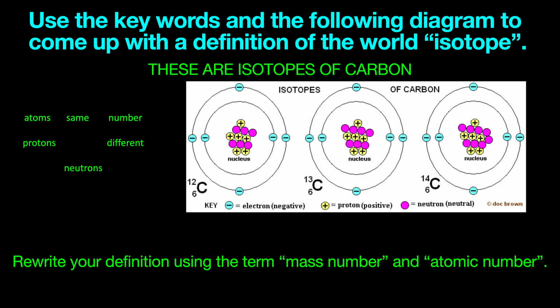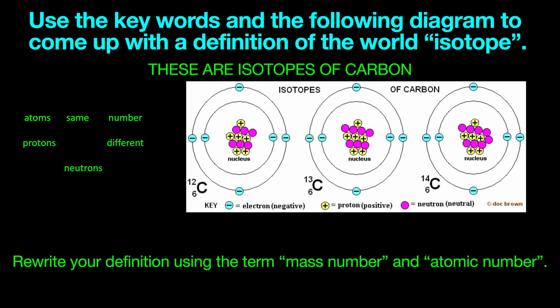Hopefully you've realized the difference now. As we can see, the number of electrons remains the same in each case. So we can say that isotopes have the same number of electrons. This is also shown by the atoms having the same atomic number of 6.